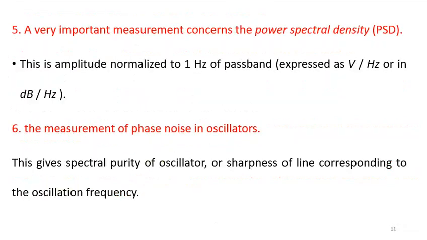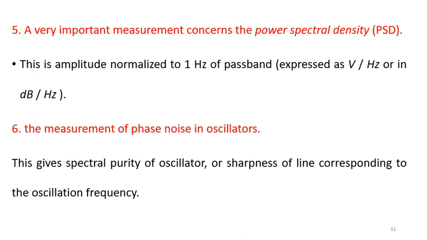Another place where we use spectrum analyzers is when we want to carry out analysis of power spectral density. Power spectral density is a process of normalizing the amplitude of the signal per unit frequency.